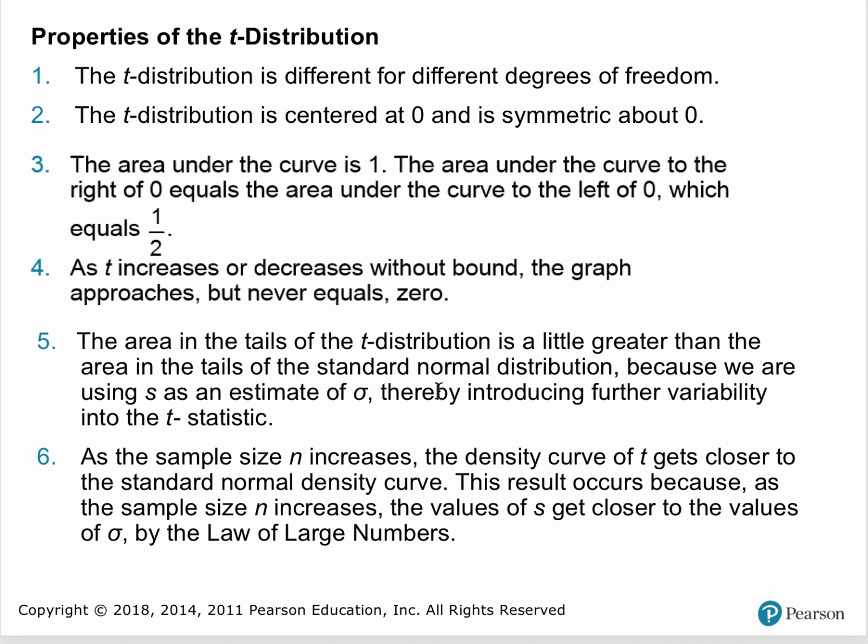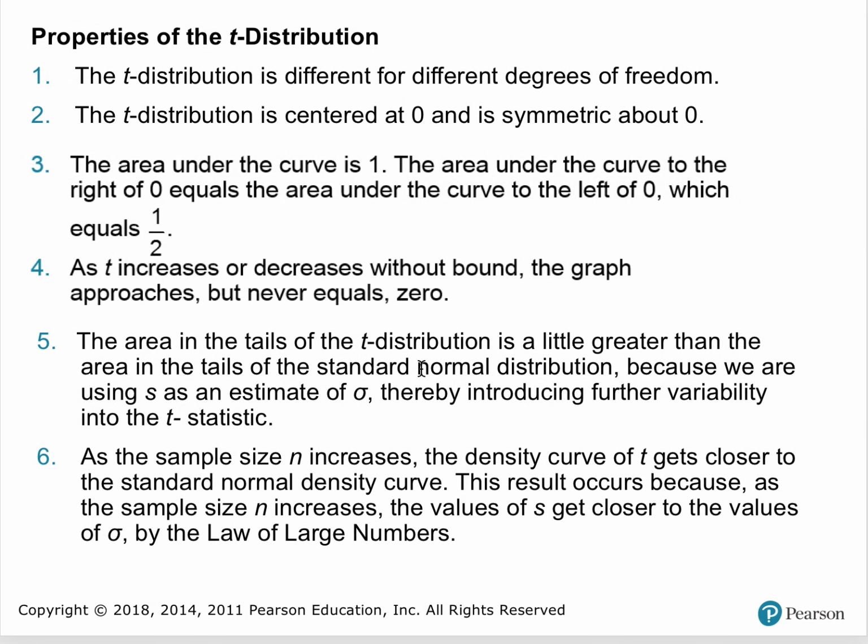In other words, what that's saying is, okay, here it's increasing without bound, decreasing without bound. So it gets closer and closer and closer to 0 without ever touching it, just like everything else we've talked about.